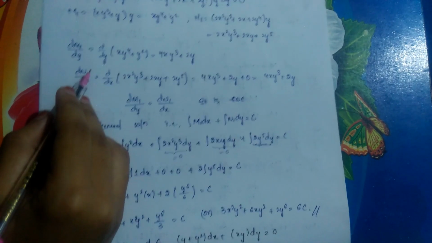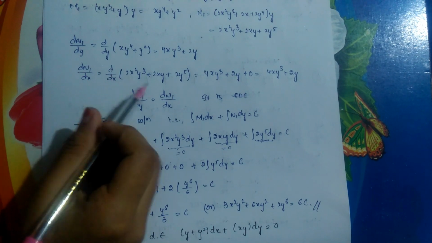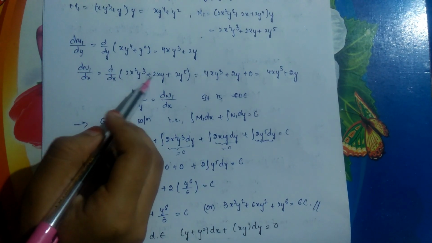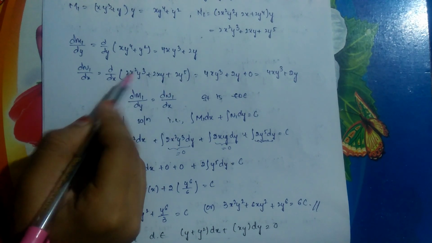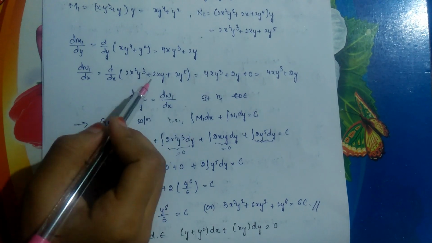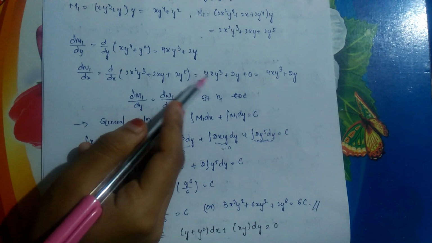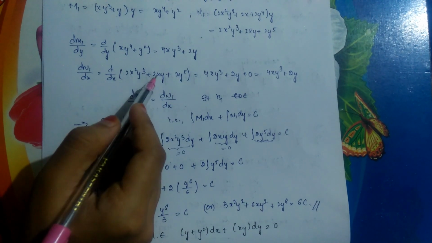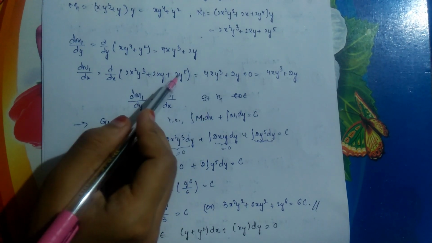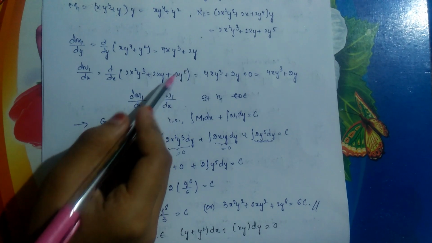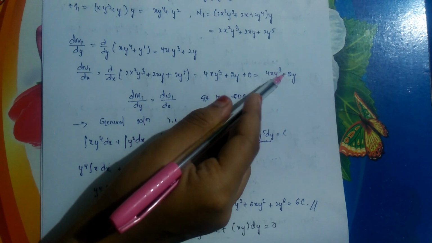Then also differentiate the function N1. ∂N1/∂x equals ∂/∂x of (2x square y cube plus 2xy plus 2y power 5). Here 2 and y cube are constant and x square differentiation is 2x, so 2 into 2 is 4, so we get 4xy cube. In 2xy, 2y is constant and x differentiation is 1. And 2y power 5 differentiation becomes 0. So we get 4xy cube plus 2y.